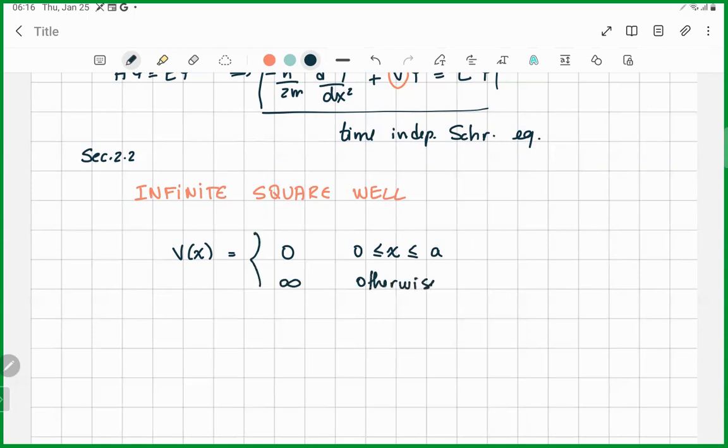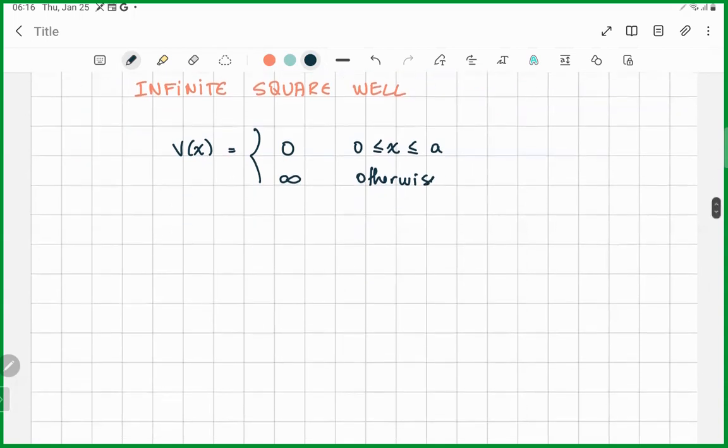Well, let's try to make a graph for this potential. If I want to draw my potential, it would be something like this. Right at 0 and for any X smaller than 0, there is an infinite wall.